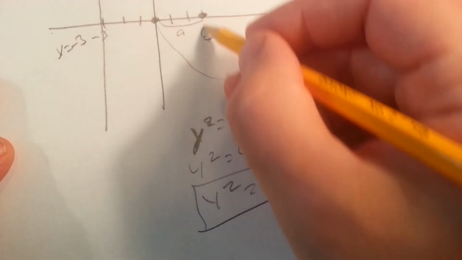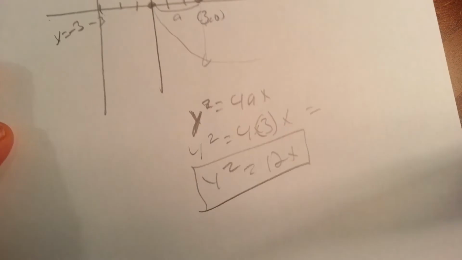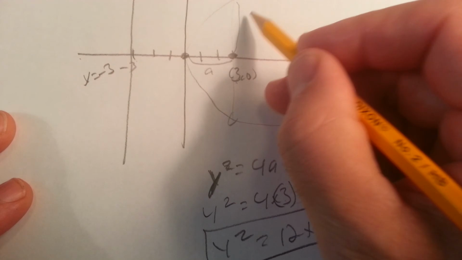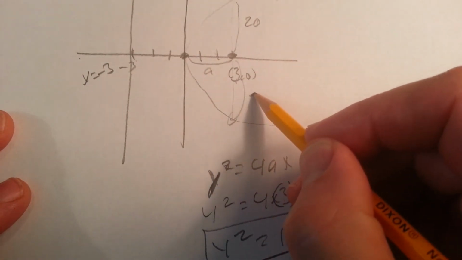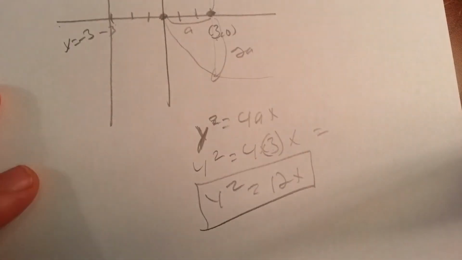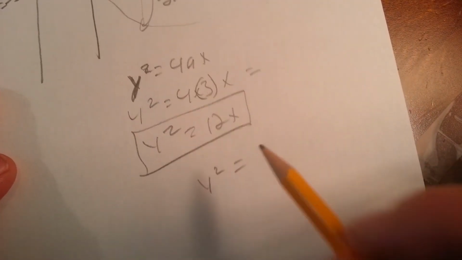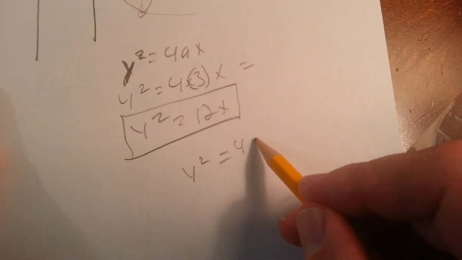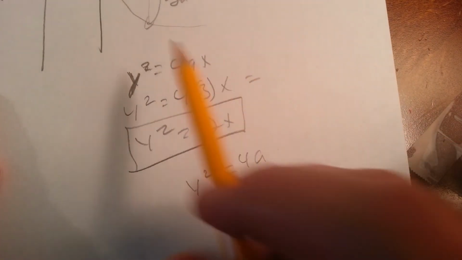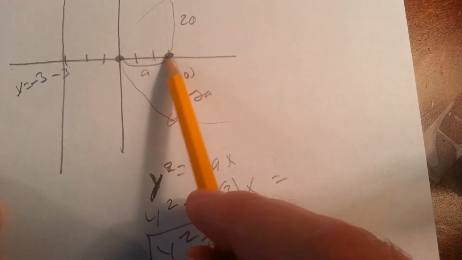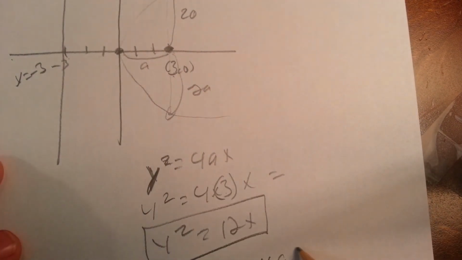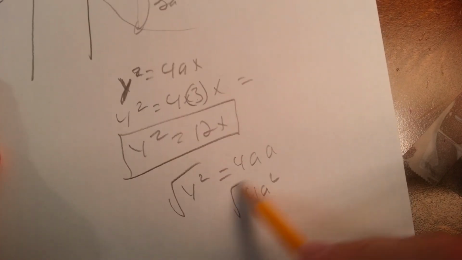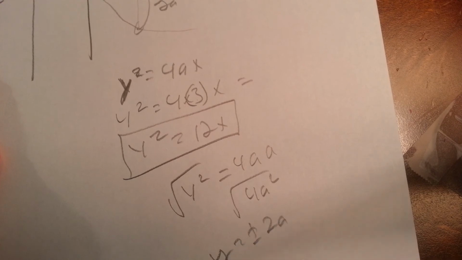Now let's find our latus rectum, and I want to get these points, okay? All right. Remember, this distance here is 2a, and this distance here is going to be 2a in the negative territory, okay? Remember, because we get y squared equals 4 times a times x. Well, what's x? X is a. That's a times a, which is 4a squared, and we square root both sides, and y equals plus or minus 2a.